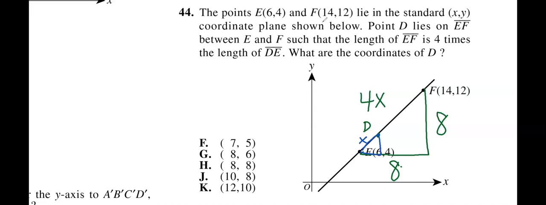Now, can we do similar triangles? What else can we do here? Could you subtract 14, 6, and then 12, and 4, and then divide by 4, and then that would give you 8 and 6, because that's the fourth of... So you're saying if you take the distance from here to here, which is 8 units, and cut it into 4, then that means that this bottom edge has to be 2.